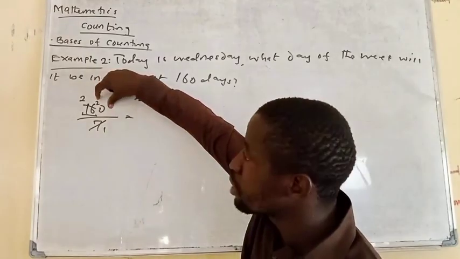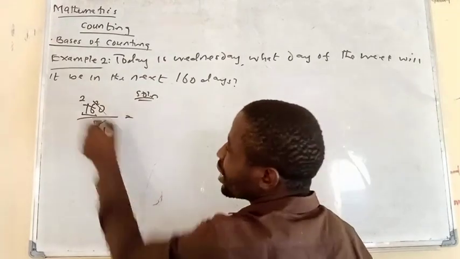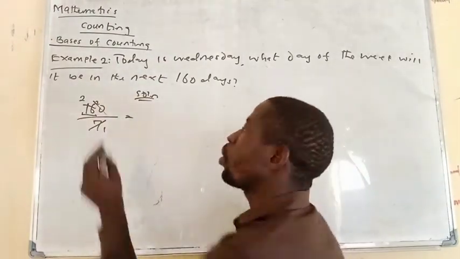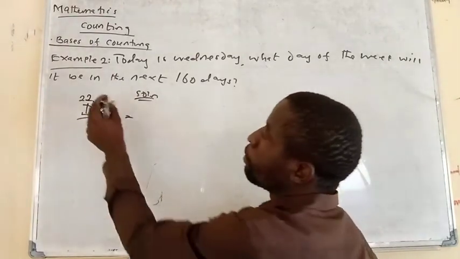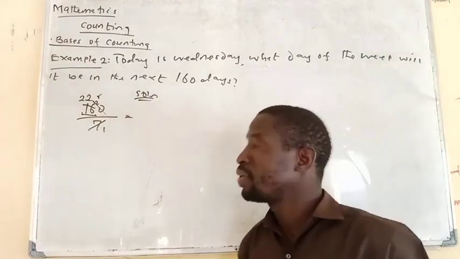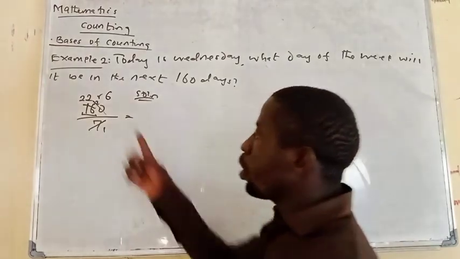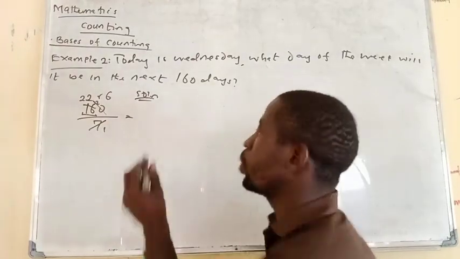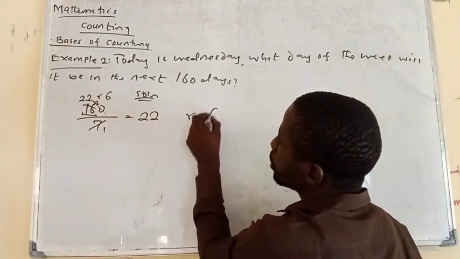Now, this 2 and 0 gives 20. 7 in 20 will also give 2, because it is not up to 3, but there is a remainder of 6. Now 160 divided by 7 will give 22, remainder 6.